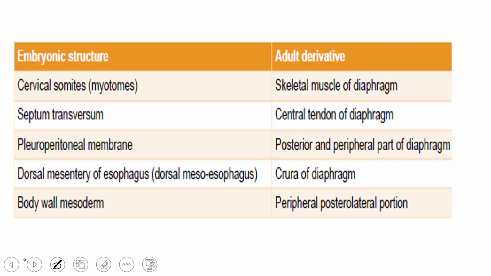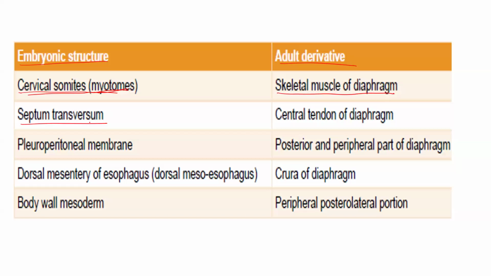Okay, so let us discuss it. What is the embryonic structure and what is the attached derivative? I think this is what you need to understand. The cervical somites, the myotomes, give rise to the muscular part of the diaphragm. The septum transversum gives rise to the central tendon.